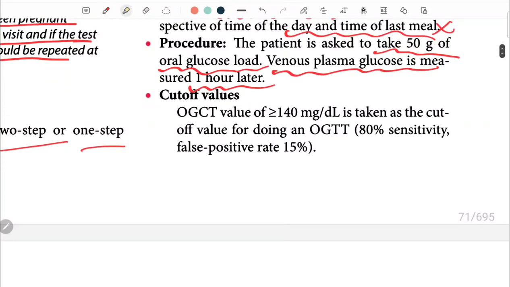The cutoff value of the oral glucose challenge test is more than or equal to 140 milligram per dL, which is taken as the threshold for doing OGTT.